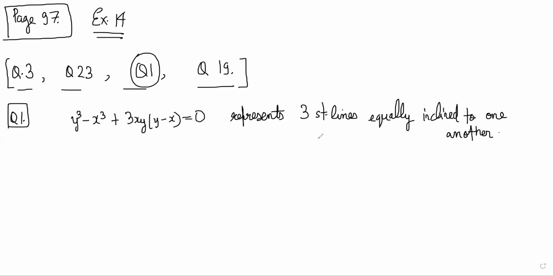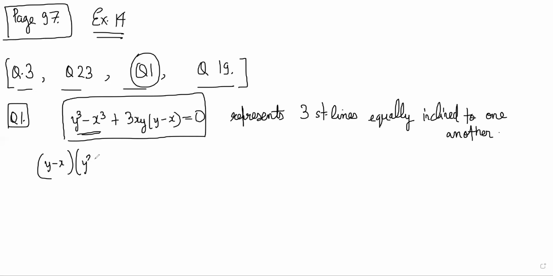Yeah. So first of all, we have to find the three line equations. So we have to somehow solve this and find the line equations. What you can do is quickly factorize this. The first part is y minus x into y square plus xy plus x square, plus 3xy into y minus x is equal to 0, right?